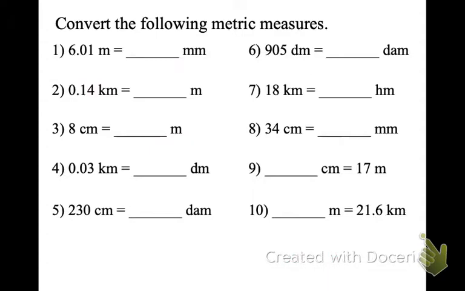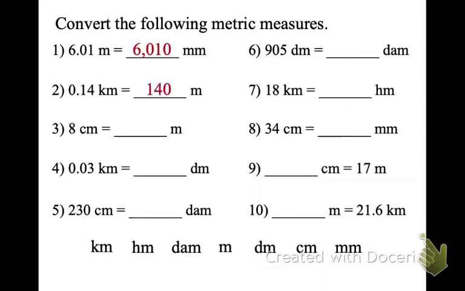All right, let's check our work. Okay, so notice we're going from 8 centimeters to meters. I have to move 2 times to the left, so it's going to be 8/100ths meters. Number 4, I'm going kilometers to decimeters. I'm moving 1, 2, 3, 4 to the right, so it becomes 300 decimeters.